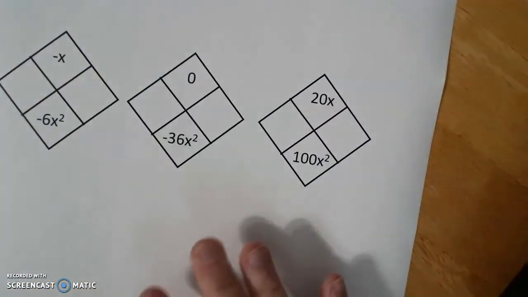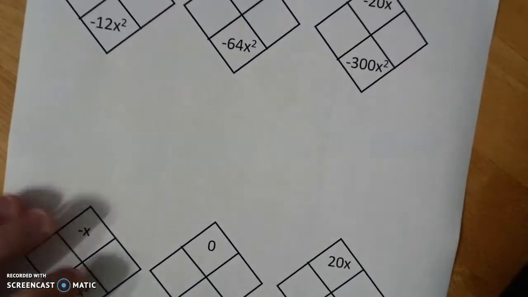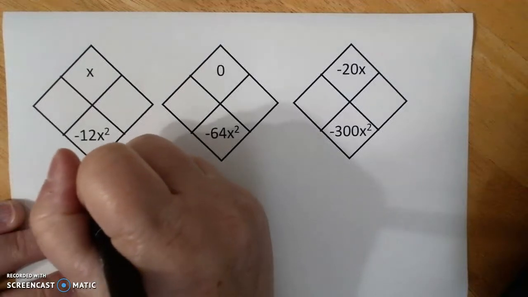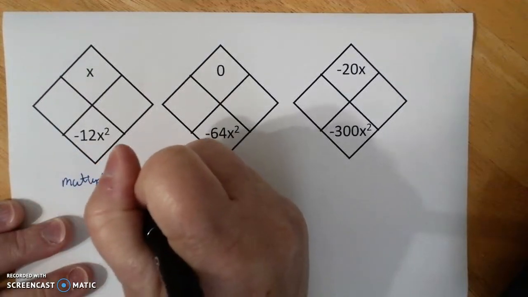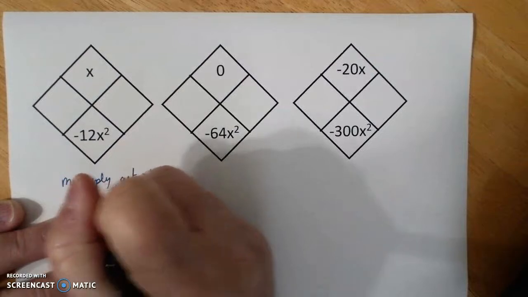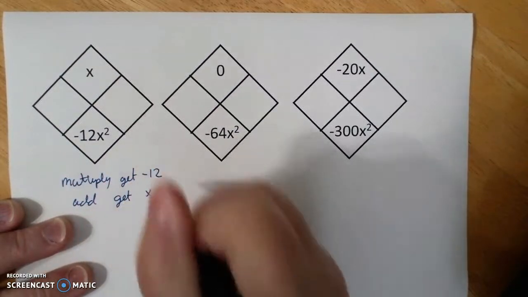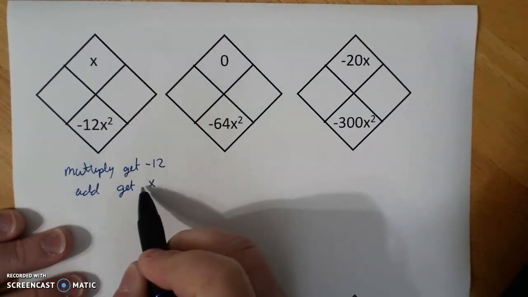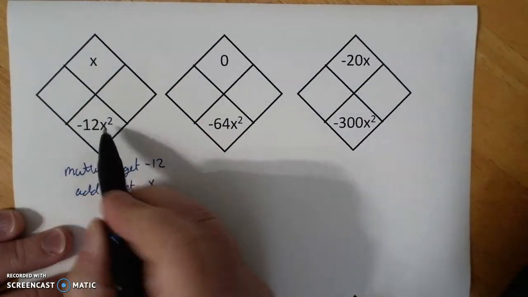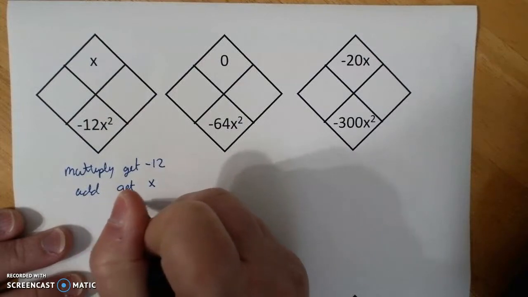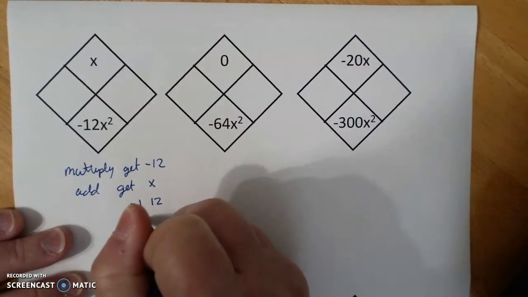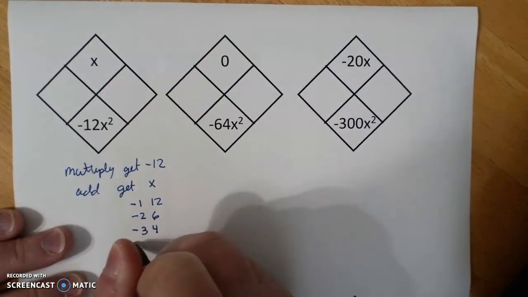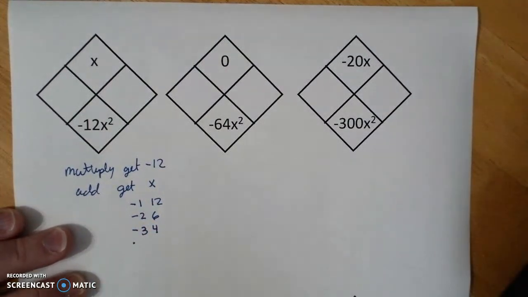Okay, more magic diamonds. Multiply to get -12, add to get x. That's kind of odd, because I'm going to do the 12, and so I have -1 times 12, -2 times 6, -3 times 4, and then it'll flip around.